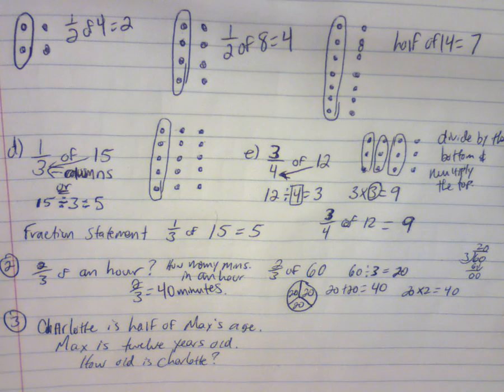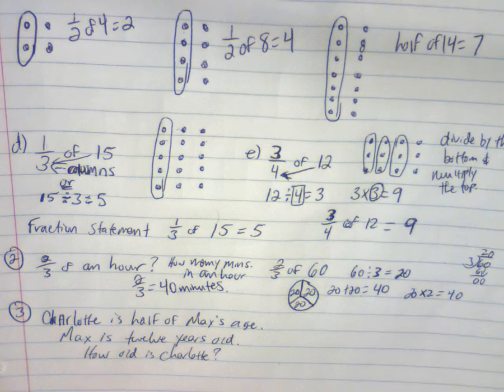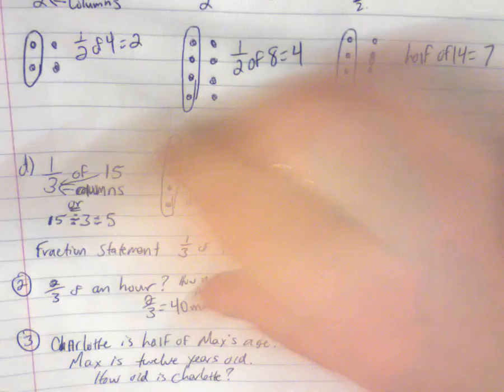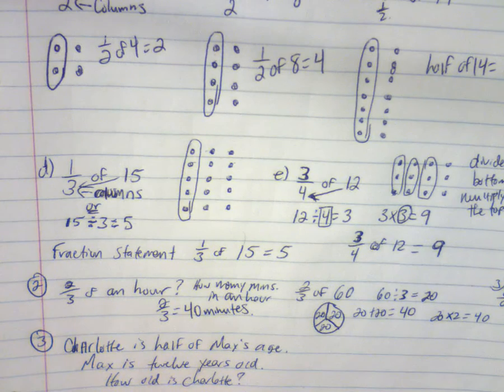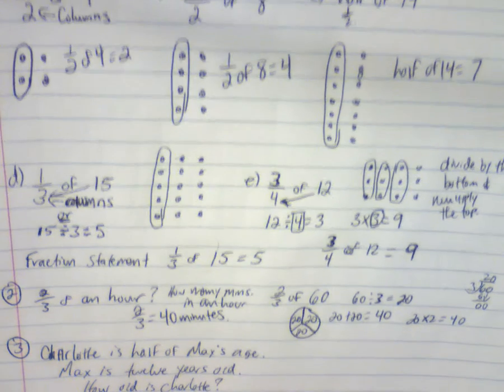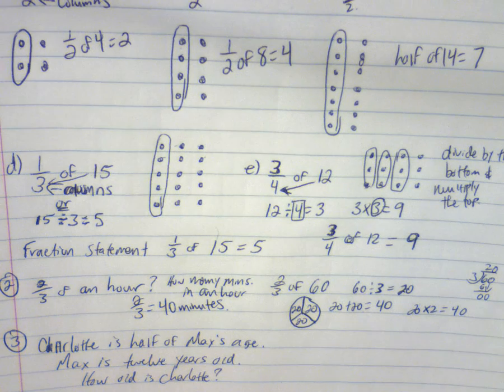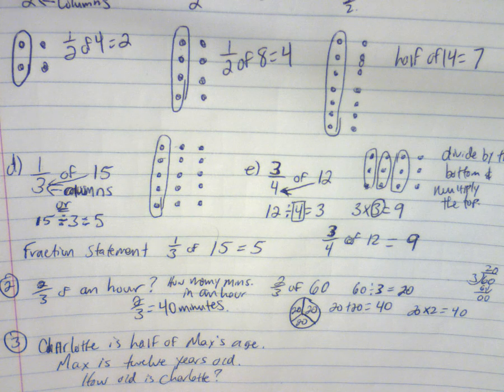The last question says, Charlotte is half of Max's age. You guys remember Charlotte and Max, you made them up, so you should remember them. Charlotte is half of Max's age. Max is 12 years old. How old is Charlotte? What you want to begin to do is fill in each word that you know with a math symbol and what you don't know with a blank.